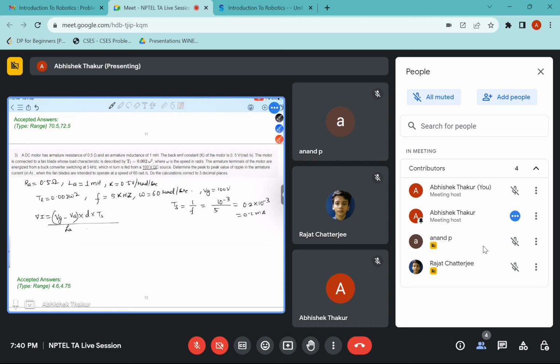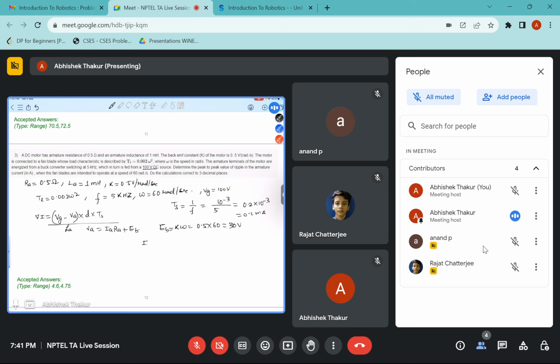For finding Va, we know from the formula we have seen above, Va is IaRa plus Eb. Eb is equal to K omega. K is given as 0.5 and omega is given as 60, so Eb will be 30 volt.